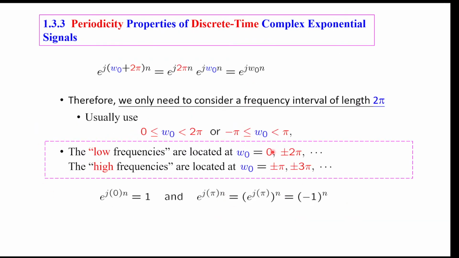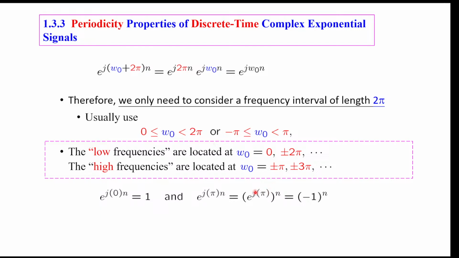But for discrete time signals, because the frequency is periodic with period 2 pi, the low frequency is actually everything that's a multiple of 2 pi, and the high frequency is everything that's away from 0 and 2 pi, so it's at odd multiples of pi: plus or minus pi, plus or minus 3 pi, etc. So a low frequency signal will be close to just a constant signal.